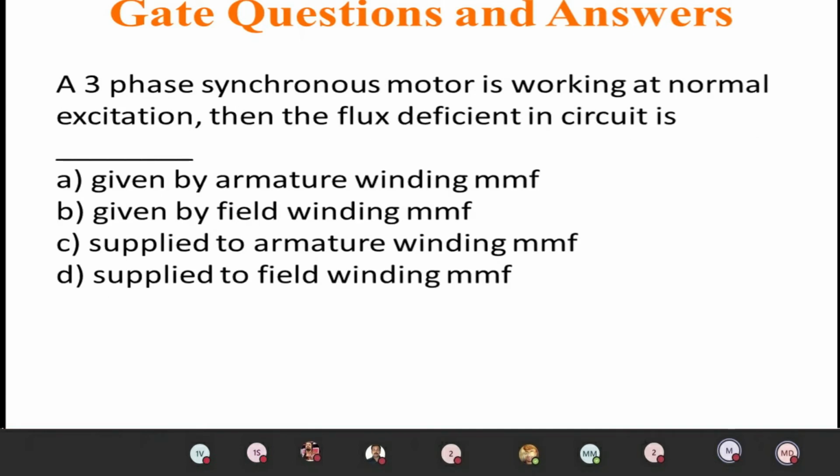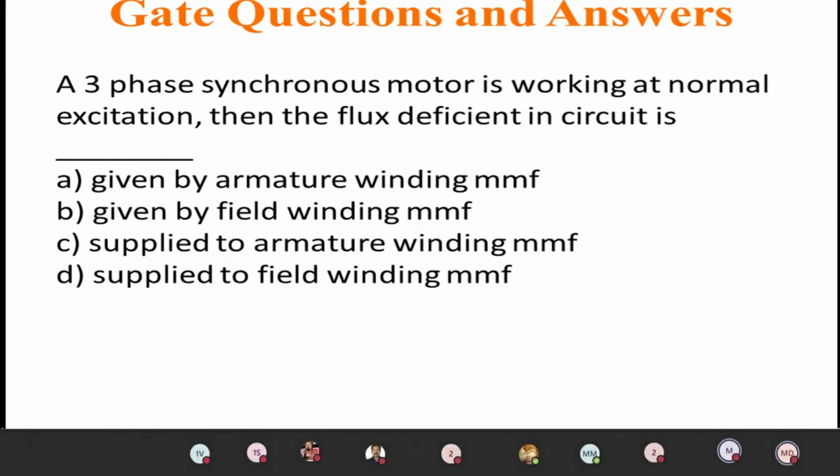Then: a three-phase synchronous motor is working at normal excitation.